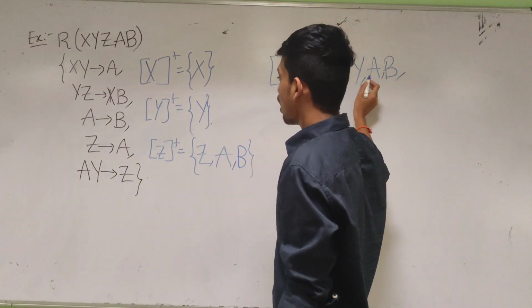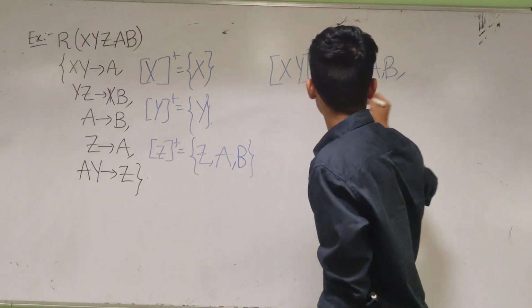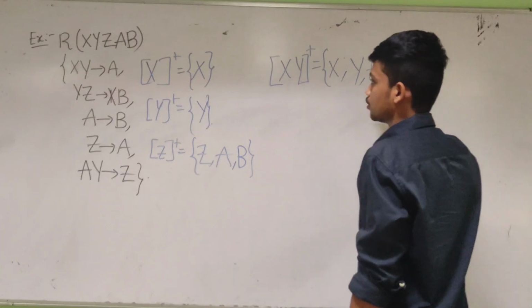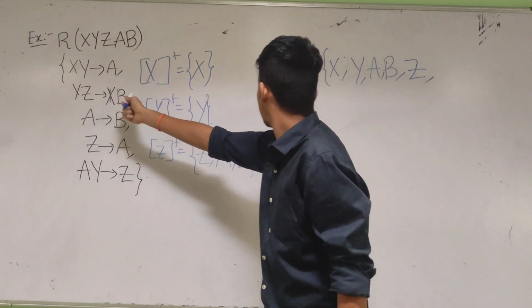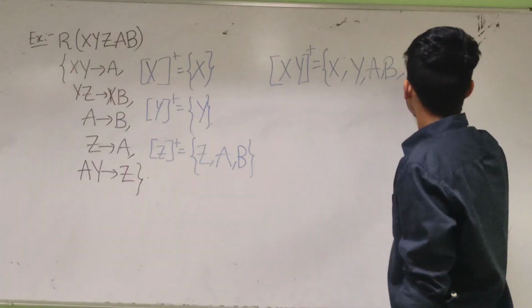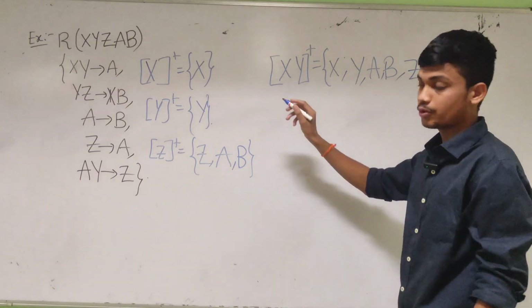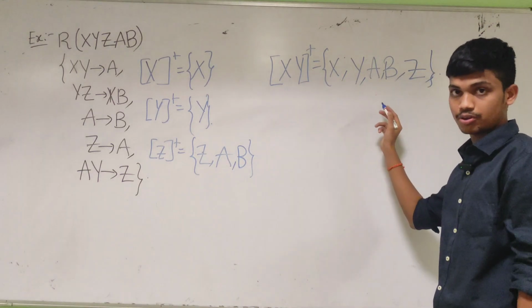We have AY, and AY will derive Z. We have YZ, and YZ will derive XB. So I think we got all attributes here. So XY is a candidate key because from this we are getting all attributes.